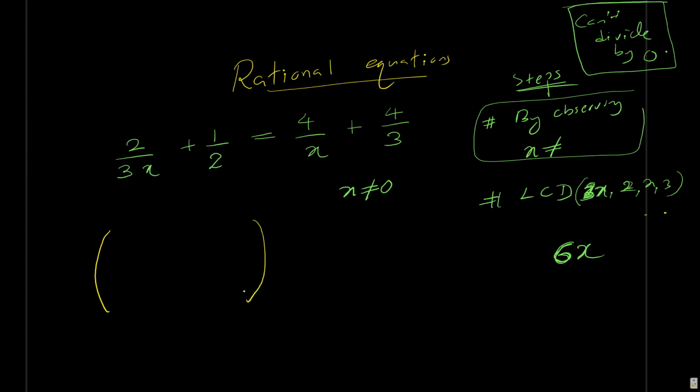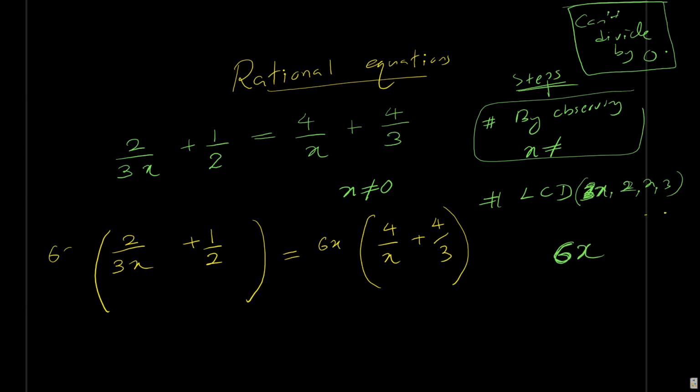And then after that, pretty much the same thing. You multiply the whole equation by your least common denominator. And again, as I pointed out in the previous video, I really suggest you put parentheses. Now expand it. That's the first term, plus 6x times 1/2 equals 6x times 4 over x plus 6x times 4 over 3.